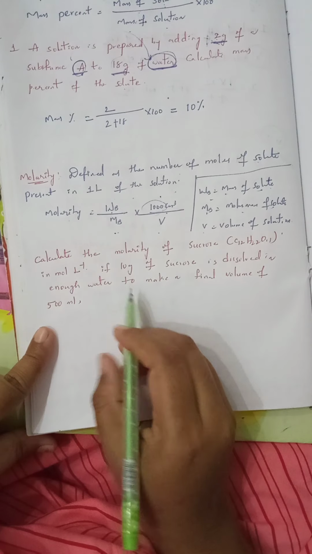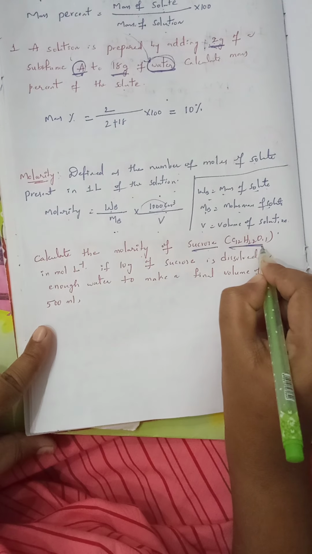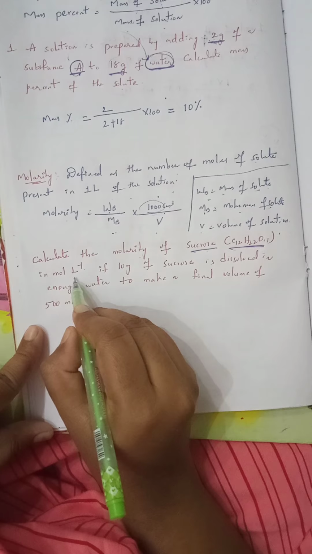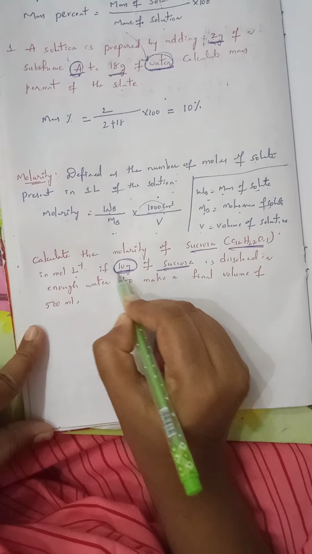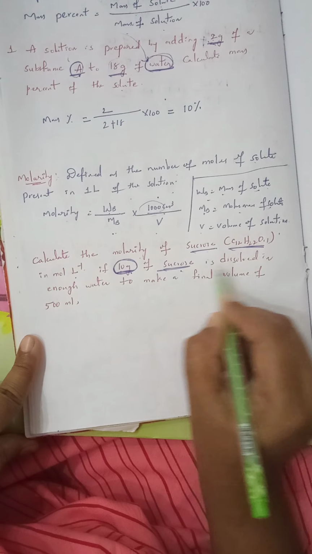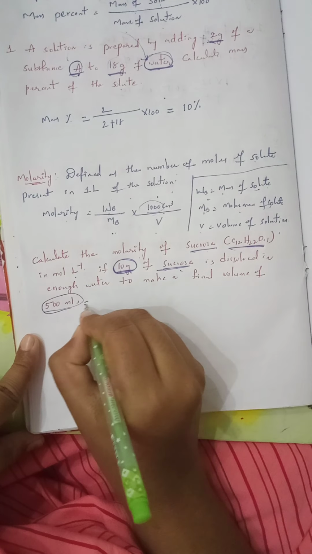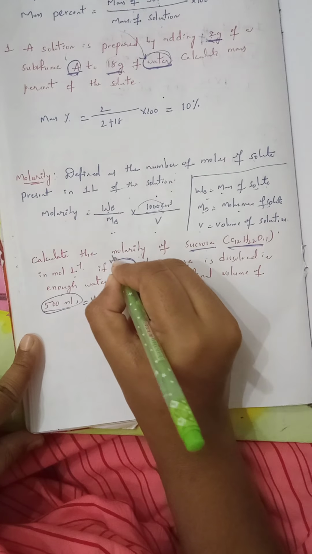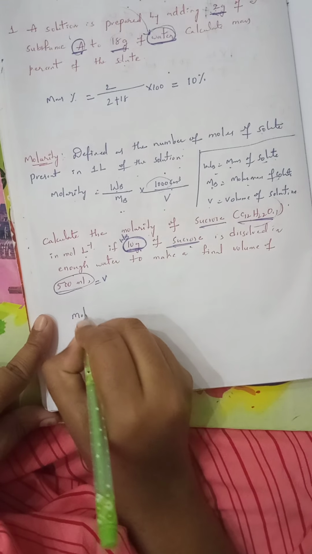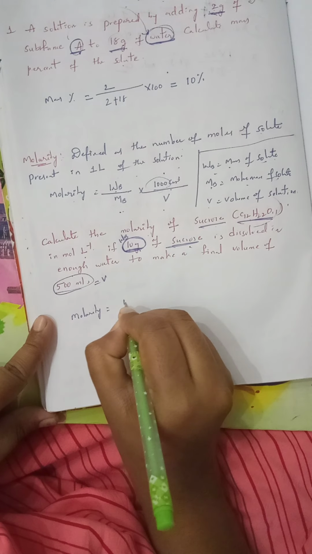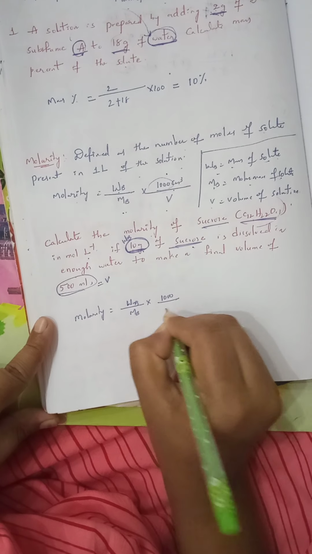Here is a problem related to that. Calculate the molarity of sucrose, the solute B, in moles per liter, when 10 grams of sucrose, this is WB, the mass of the solute, is dissolved in enough water to make 500 ml of solution. This is V. And MB we can calculate by using the formula. Molarity of a solution equals WB by MB into 1000 divided by volume.